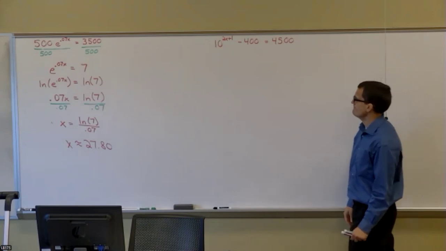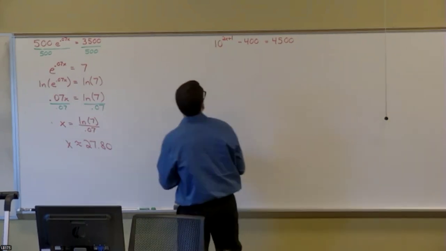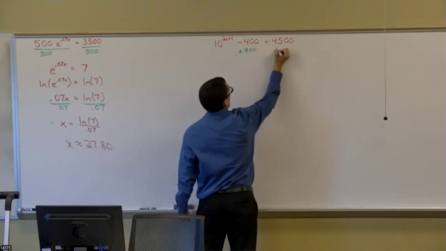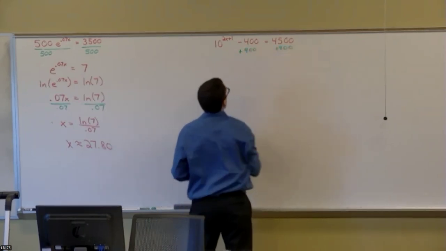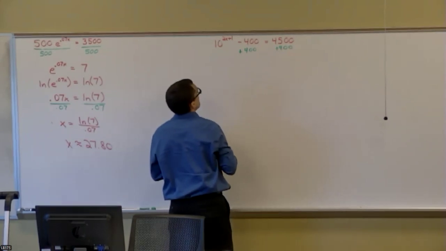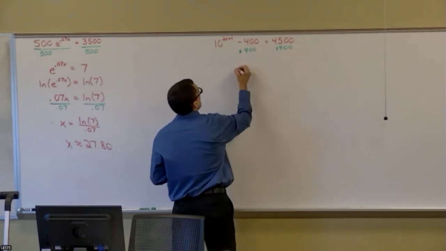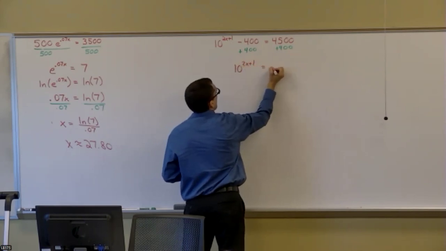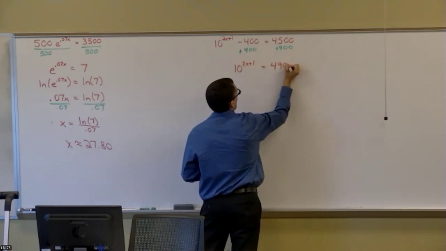All right, let's take a look at this second problem on the board. We would want to add 400 to both sides. That would give me 10 raised to the 2x plus 1 power is equal to 4,900.